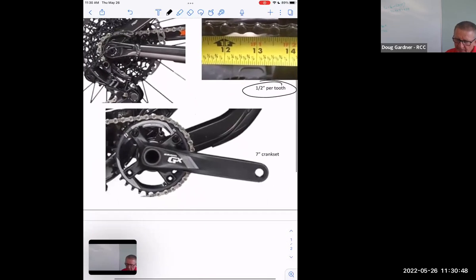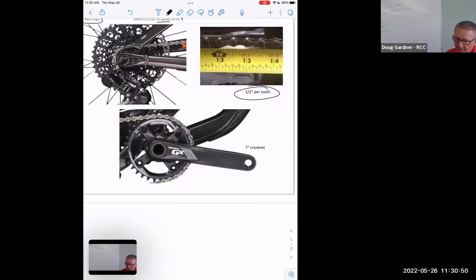And I won't go into this, but I took a measurement, the crankset distance from here to here is 7 inches. You should have a sense from this class and from the previous class that that 7 inches is really important for the torque aspect. Like if I have a certain amount of muscle on my leg, which can create force, then it's force times that 7-inch distance. So you might think, well, why don't you make it 9? Yeah, that's going to give me more force. Problem is it starts hitting rocks on the ground.